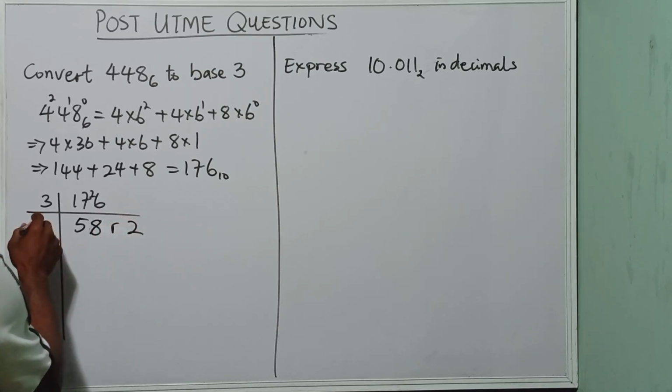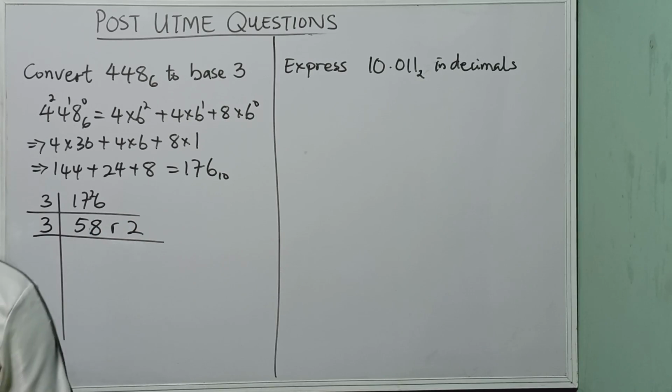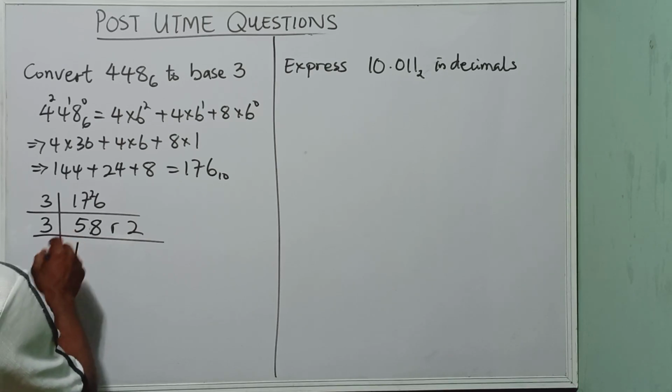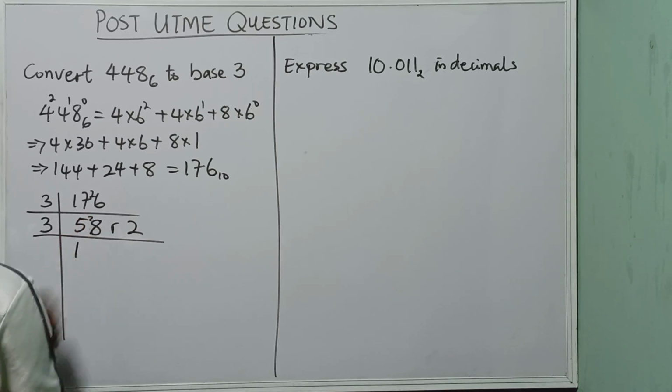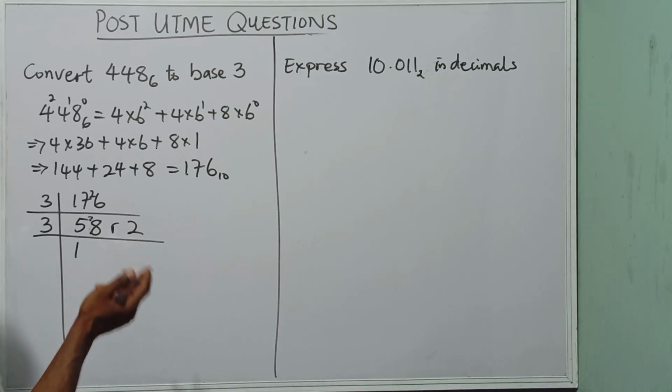Remainder 2. Now 3 into 28 would give us 9. 3 times 9 is 27.